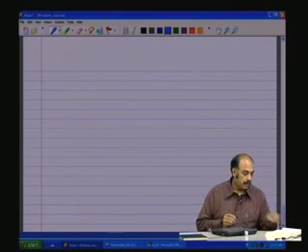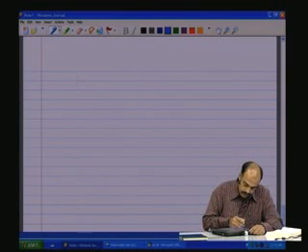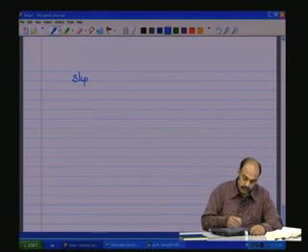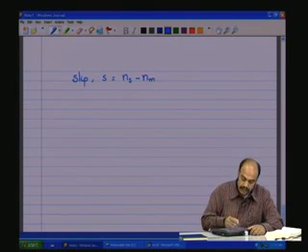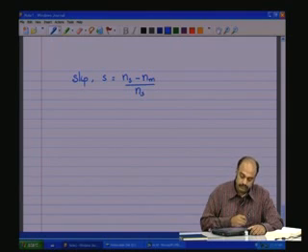Now we have also defined the slip. The slip, which is S, is given by ns minus nm, that is the rotor mechanical speed, divided by ns.